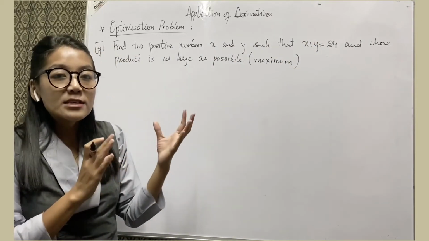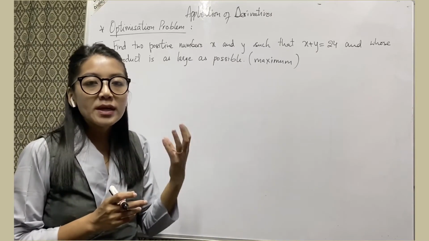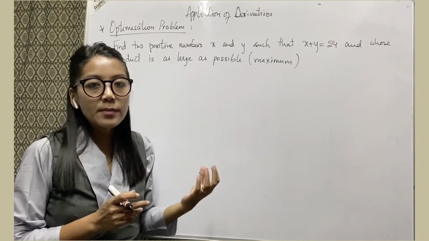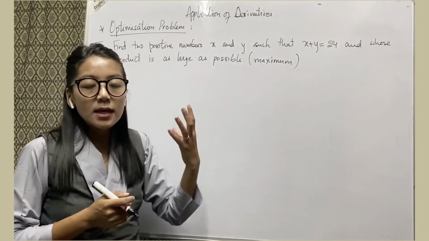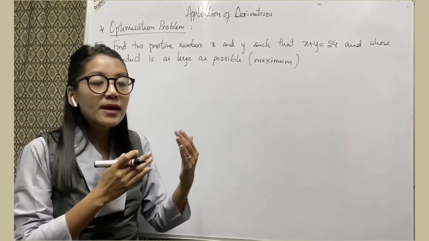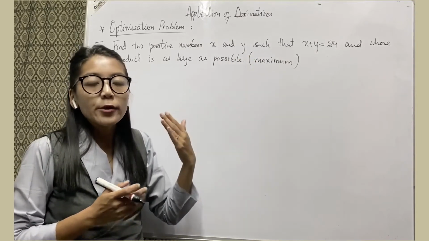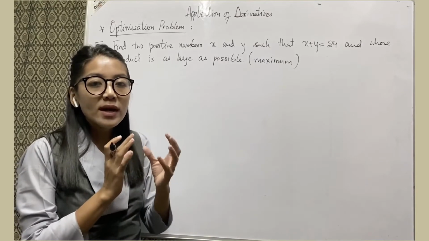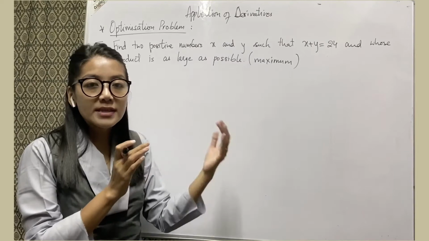When I say optimization problem, one quantity is to be either maximized or minimized. So here we have to maximize the product. You have to find the values of x and y such that the sum is 24 and the product is maximum, right?